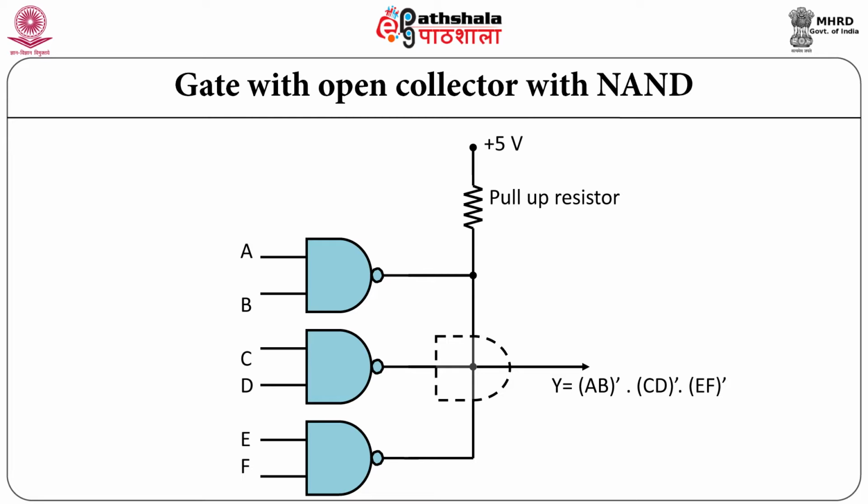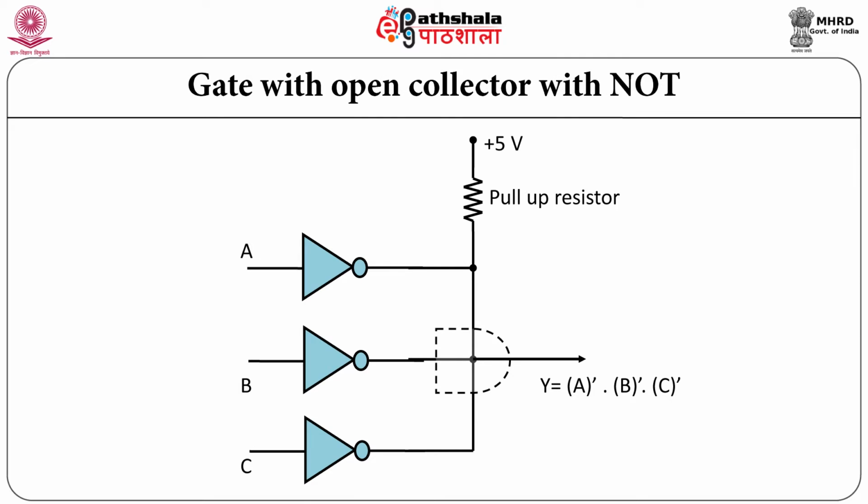The output Y of the circuit configuration is the ANDing of all the inputs. The equation for output Y is complement of A and B and complement of C and D and complement of E and F.